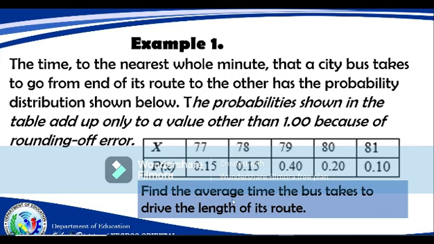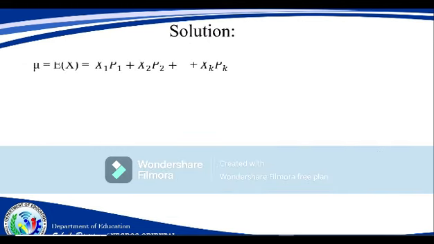So since we are asked to find the average time the bus takes to drive the length of its route, we need to get the expected value or the mean. So we have here the mean or the expected value of x. We have this formula, x sub 1 times probability plus x sub 2 times probability, and so on and so forth. Okay, continue.